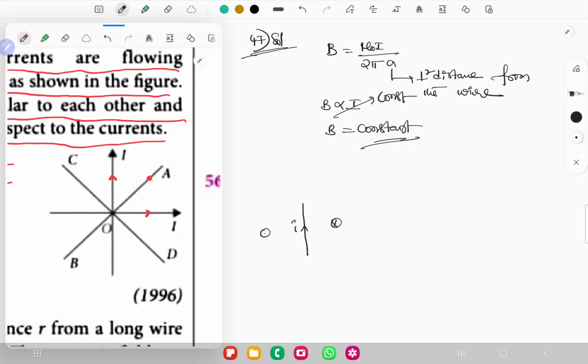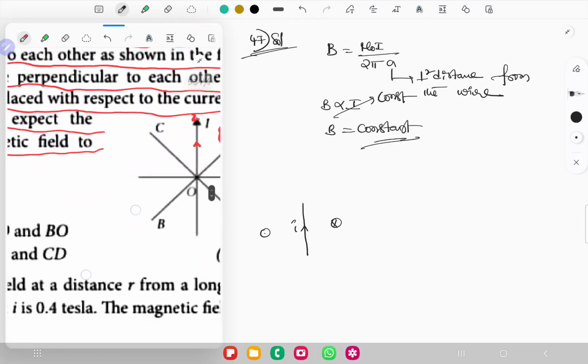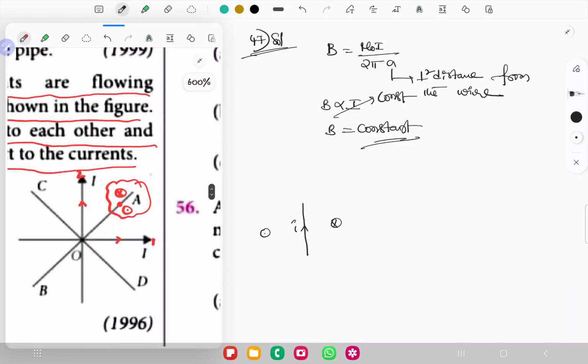For this direction of current, as this point is leftward, the magnetic field is going to be outward. This point is on the right side of the second conductor, so due to the second conductor the magnetic field is into the board. As both are of the same current, there is a possibility that I may get zero magnetic field here. So there is a possibility B is equal to 0.